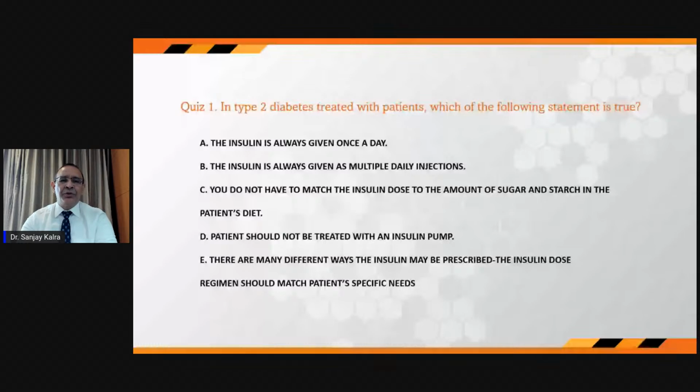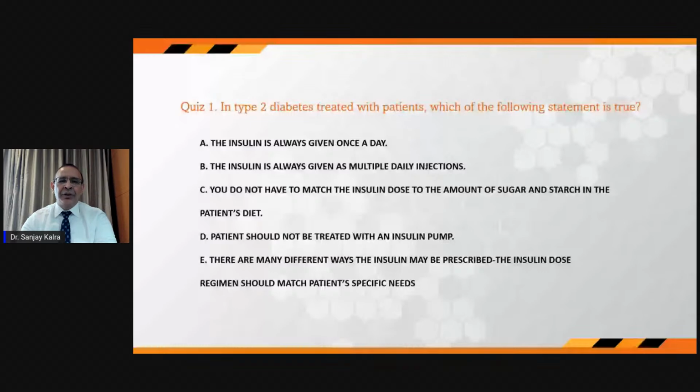In type 2, you do not have to match the dose with the amount of sugar and starch. Is it true that in type 2 diabetes, patients should not be treated with an insulin pump? Or is it that there are many different ways the insulin may be prescribed? The insulin dose regimen should match the patient's specific needs. So which of these is correct in type 2 diabetes?